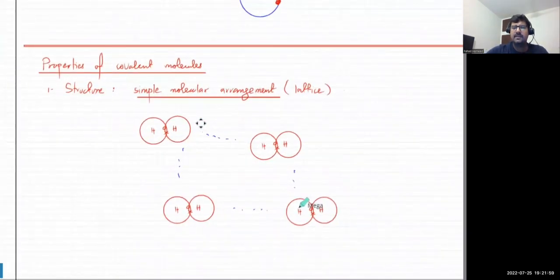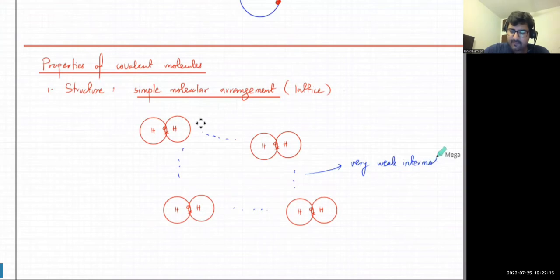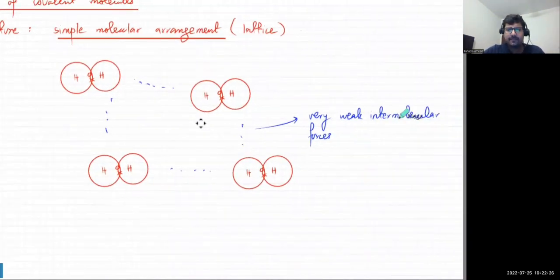So what this simple molecular arrangement means is that there would be very weak intermolecular forces. These are known as intermolecular forces. There would be hardly any attractive force between them, but there are some very, very weak attractive forces.